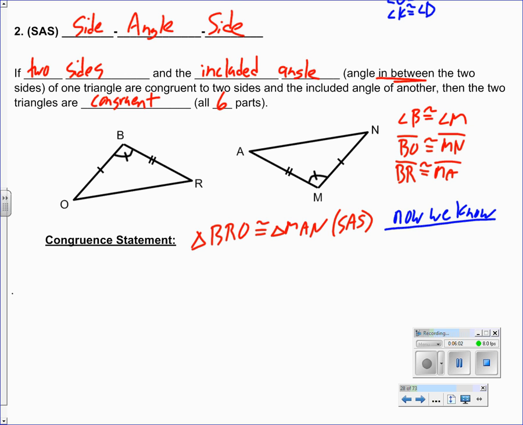So we use side angle side, and now we know that angle A is congruent to angle R. We know that angle N is congruent to angle O. And we also know that the remaining side we didn't talk about yet, side OR, is congruent to side AN.